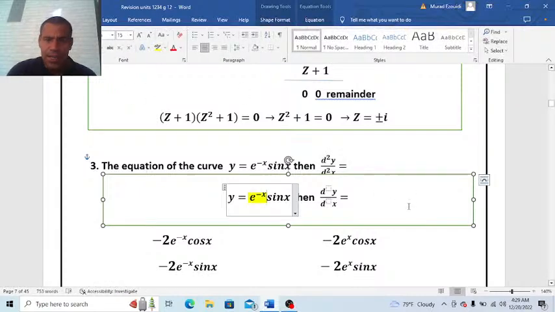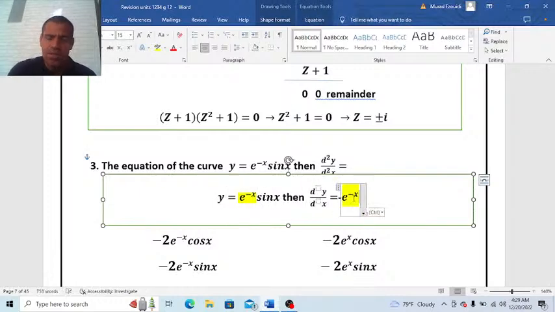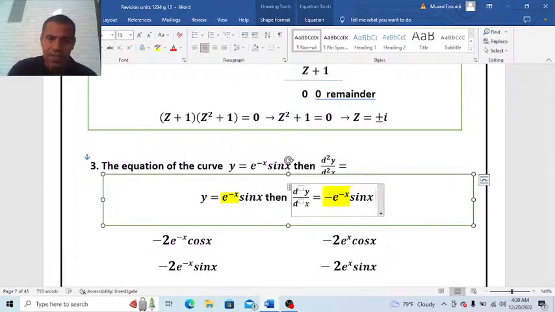It will be minus exponential of minus x, multiplied by sine of x.